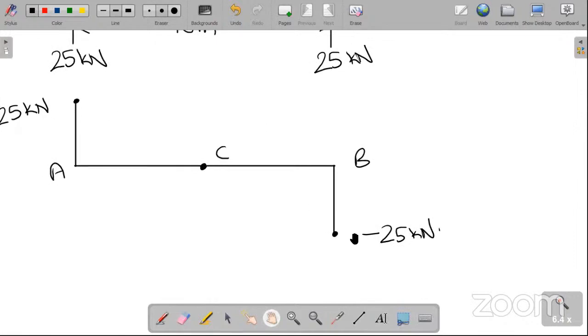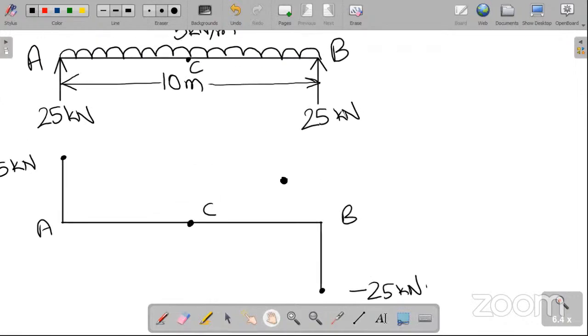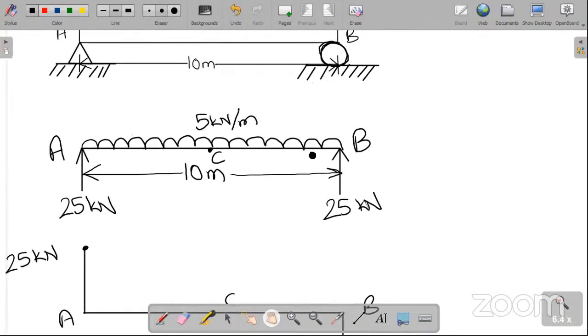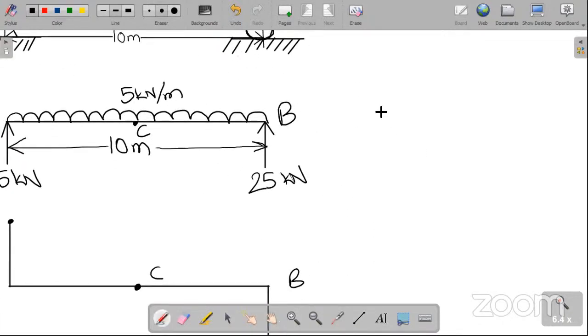Is that a curve? Is that a straight line? What we need to do? See, that's a UDL here. It's a uniformly distributed load, and uniformly distributed load is like this. A straight line, uniform. That means if you look at the curve, it is a 0-degree curve. That means constant.